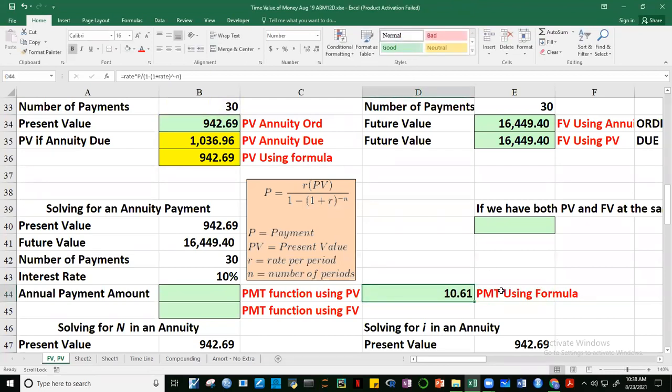Okay. So oops, mali ako dito. Anong mali ko? Rate times P divided by 1 minus 1 plus R raised to the negative n. Ay, yeah, tama naman. Ano mali ko, guys? Rate multiplied by the present value.